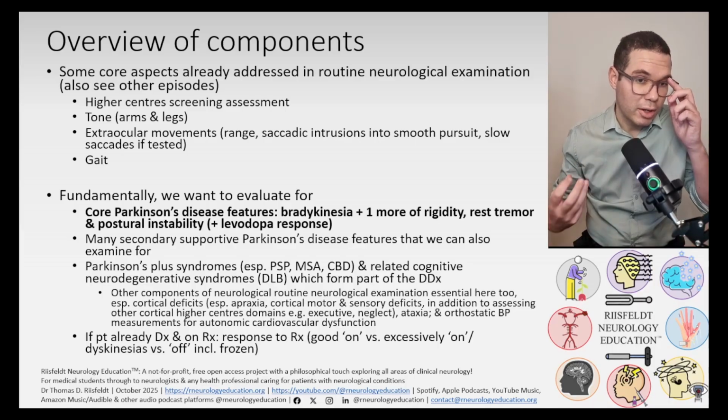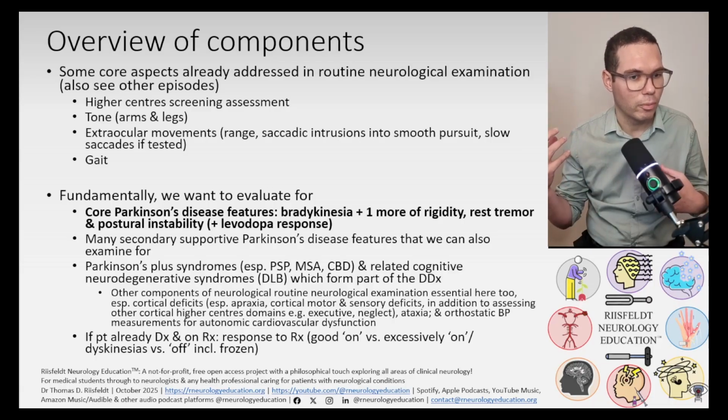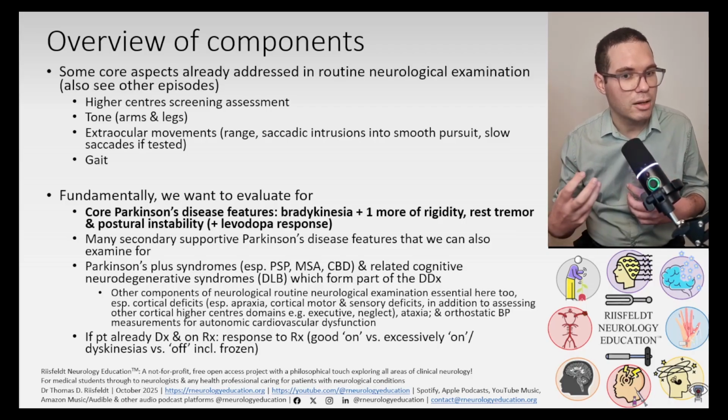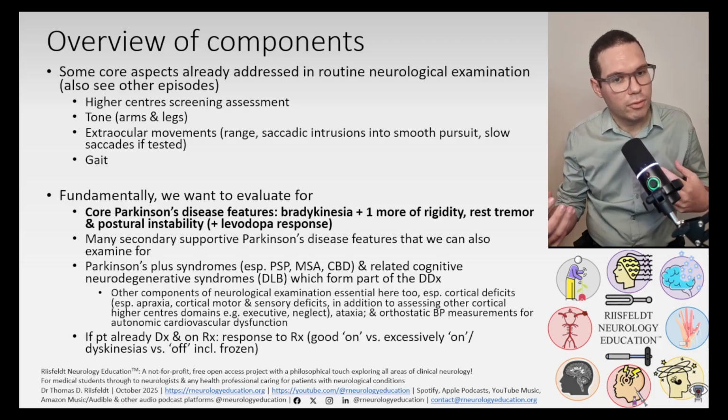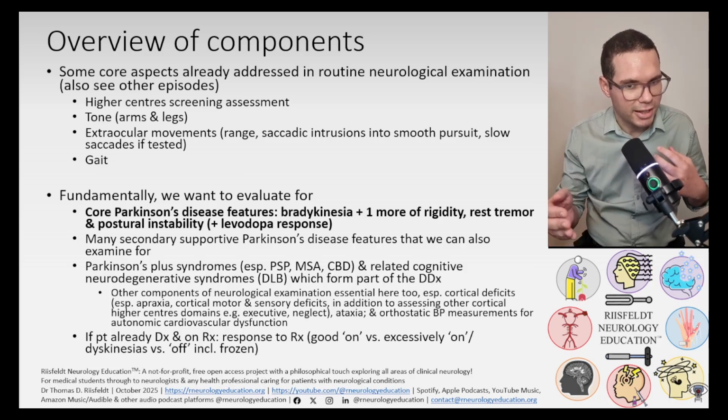So when we're examining a patient who has extrapyramidal features, not only are we looking to make a positive diagnosis of, say, typical or idiopathic Parkinson's disease, we also want to be on the lookout for any atypical features that might sway us towards one of these other diagnoses instead. And there are some other components of the neurological examination which are essential here to help make these delineations.